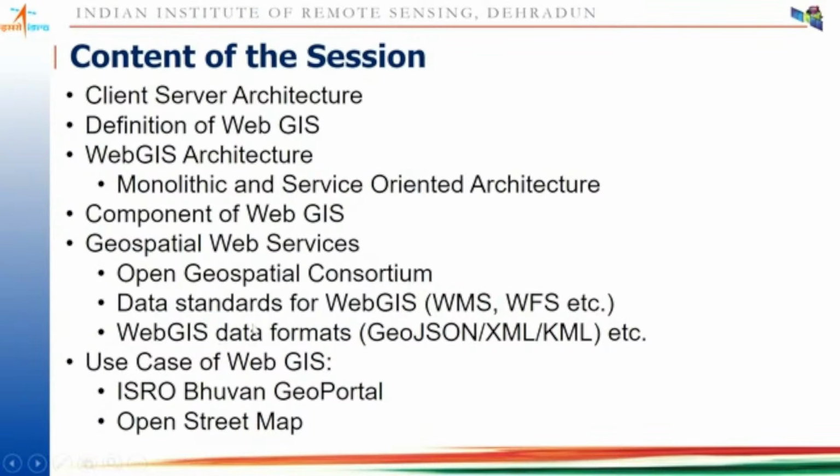In GIS we might have seen different formats, like a shapefile, or a TIFF file or GeoTIFF file. Sometimes we say an .img file. So when we go into the web GIS formats, the data are in different formats like GeoJSON, XML, and there are also web compatible TIFF files. So different formats are also there.